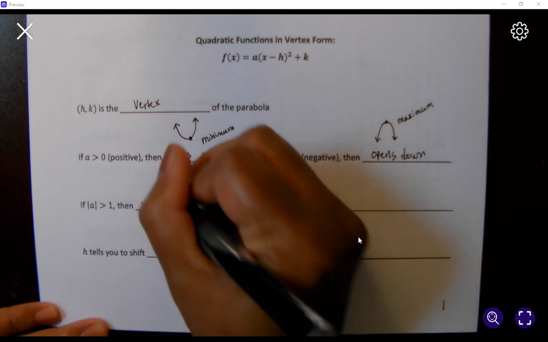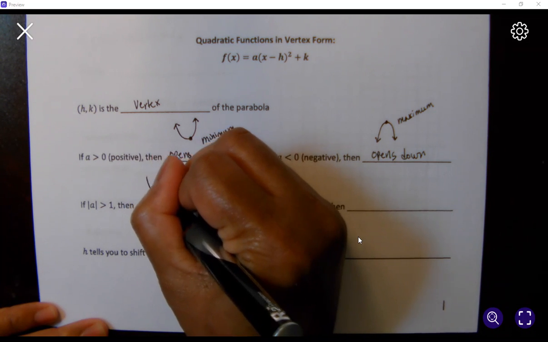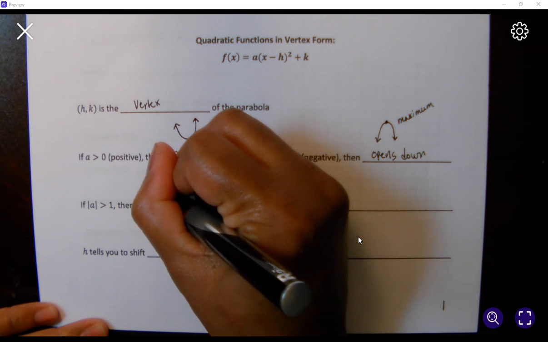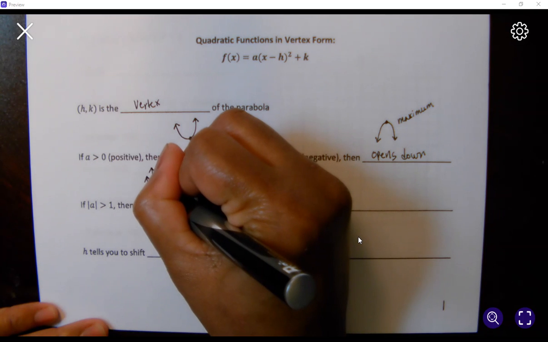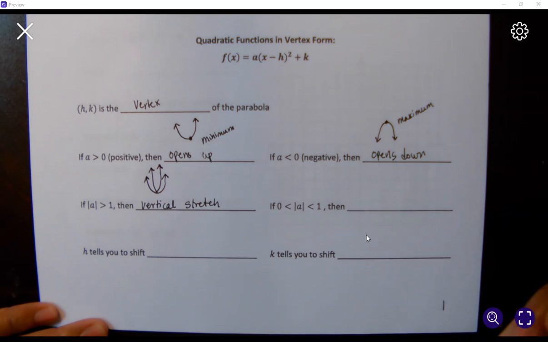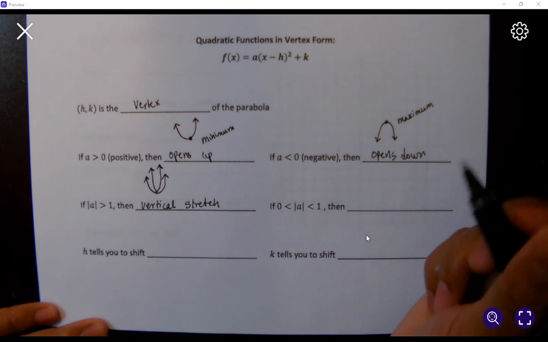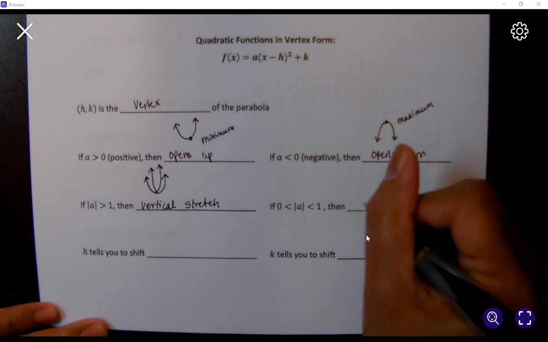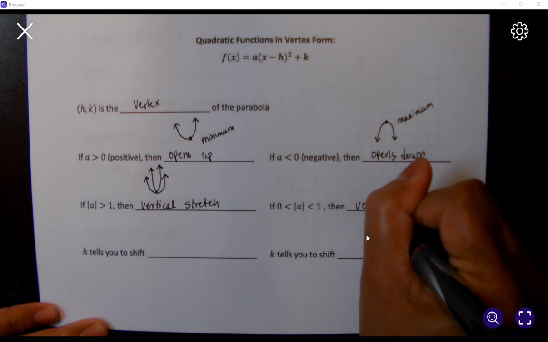What that means is, if this is your parent function right here, a vertical stretch, if your A is greater than 1, it would have something like this. It'd be stretched up. And then if this number is between 0 and 1, then we call this a vertical compression.